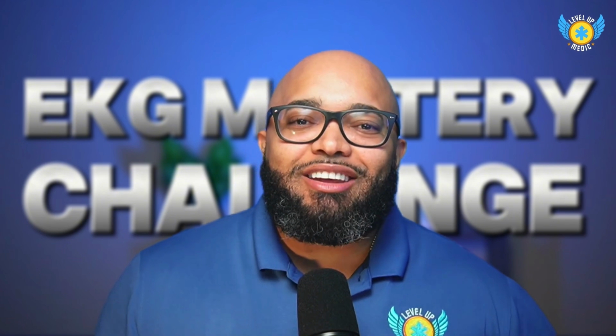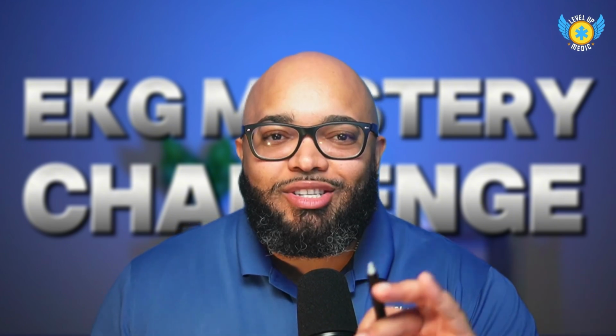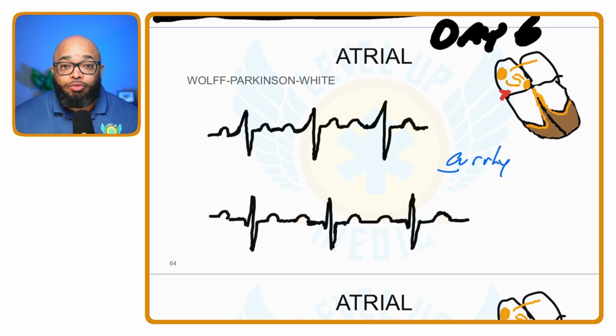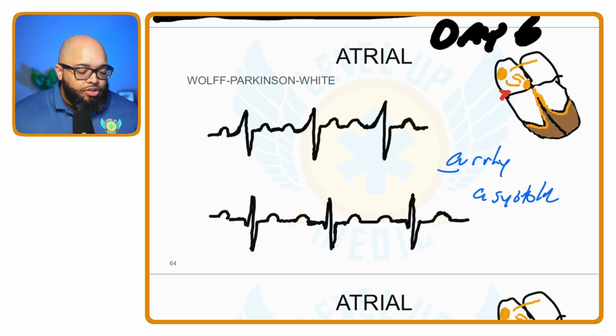Oh, by the way, what's the difference between an arrhythmia versus a dysrhythmia? Arrhythmia actually means the absence of a rhythm. For instance, when we say asystole, we're saying the absence of systole. So arrhythmia literally translates to the absence of a rhythm, which is actually asystole.